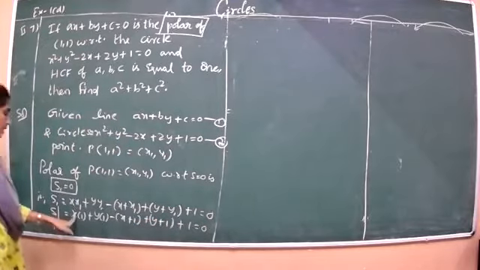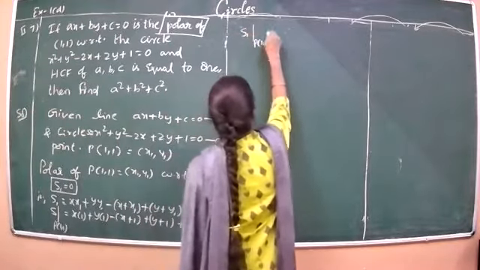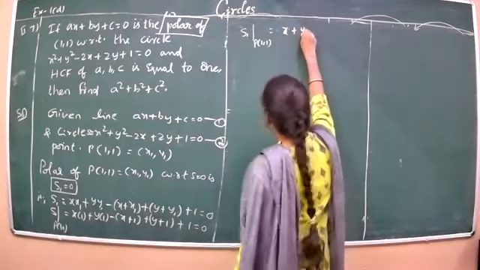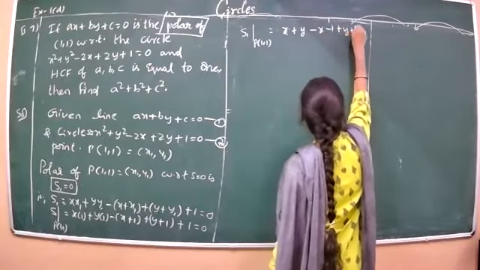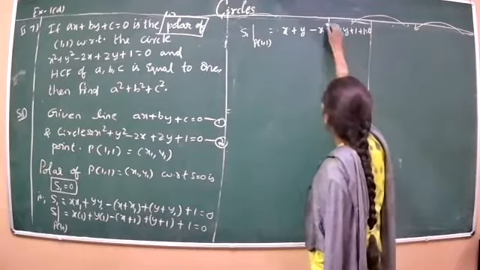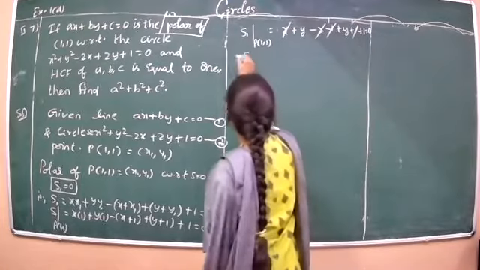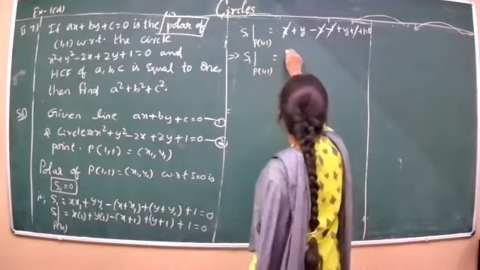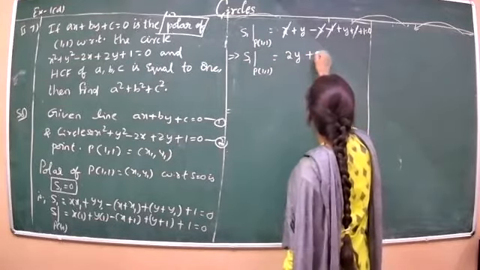Let us simplify, children. X into 1, x1. So S1 at P(1, 1) is equal to x into 1, x, plus y into 1, y, minus x minus 1 plus y plus 1 plus 1 equal to 0. The x and x are cancelled, minus 1 and plus 1 are cancelled. So we will be left with S1 at P(1, 1) equal to y plus y, 2y plus 1 equal to 0.